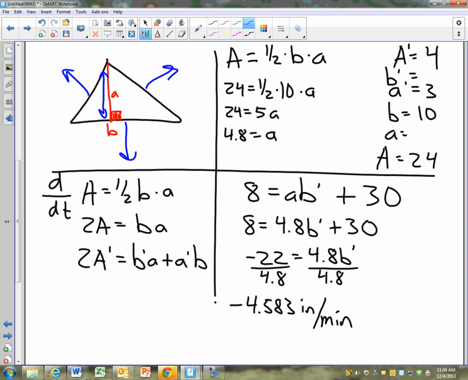But as the altitude is increasing so quickly, in order for the area to increase at its rate, the base has to get smaller. So it's going from a triangle that maybe looks like that to a triangle that looks more like that. The base is getting smaller. At some point, the base can only get so small, right?